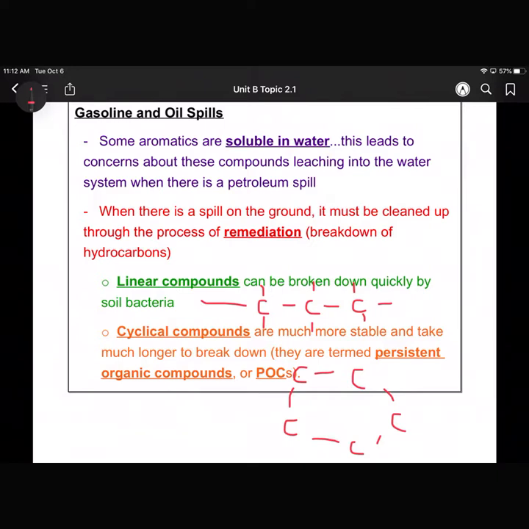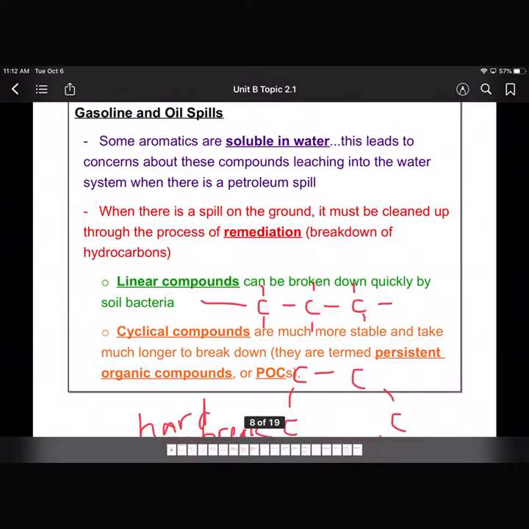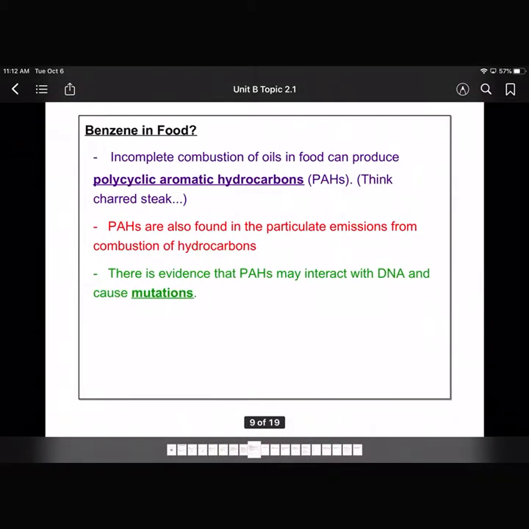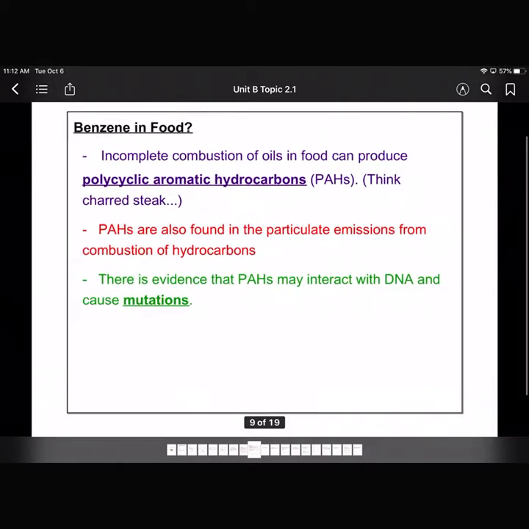Regardless, anything that's in that circle is hard to break down. The first one is easier, and there are different bacteria in the soil that will naturally break it down. I think we did questions about that in Science 10, about soil remediation, but maybe it was bio.